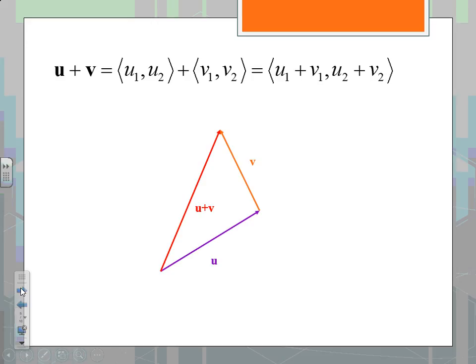Yes. If we draw vector v from where vector u ends, and then connect the two, that is the vectors added together. Tip to tail, that's what Mark said. Okay. And pre-text this we say head to tail. He has alliteration.